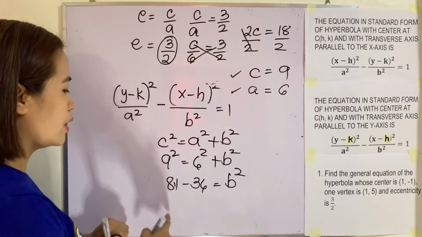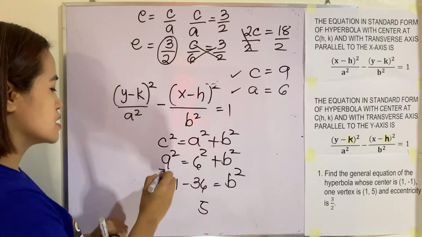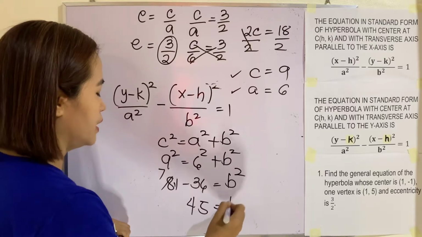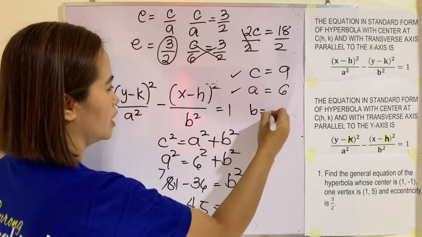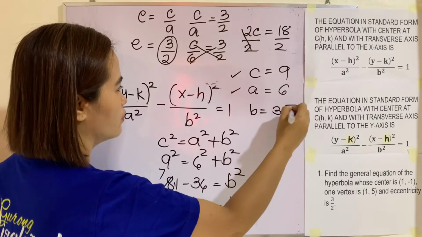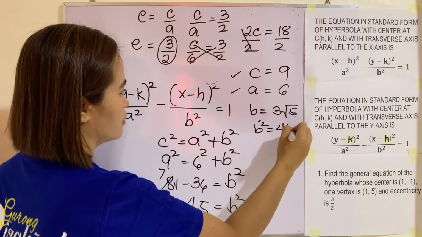So we have 45. Your b squared is equivalent to 45, or your b is equal to 3 square root of 5.